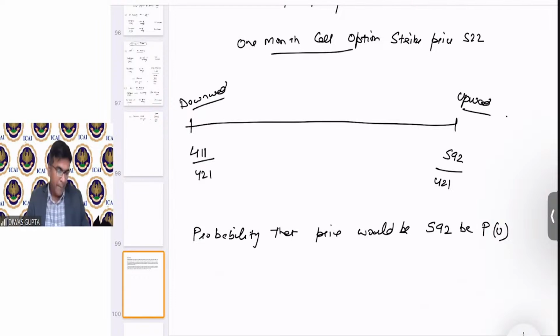Hence, the formula of PU is actually, here we will be using e raised to the power RT.